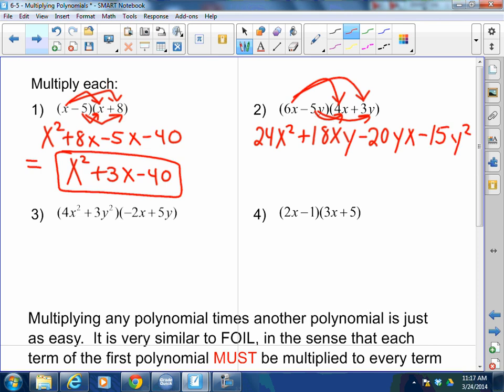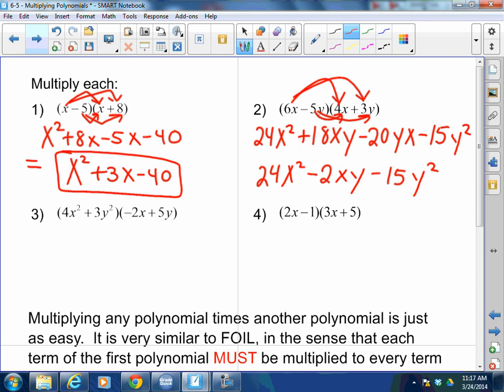Now, let's go ahead and write this together. Standard form, combining like terms. What am I left with? 24x squared, very good. Minus 2xy or yx, it doesn't matter, they're both the same. Very good. And they're all a degree of 2, so it doesn't matter which one comes first.